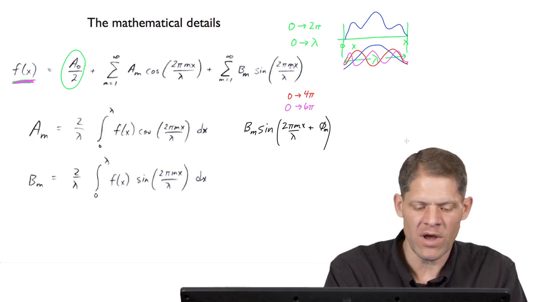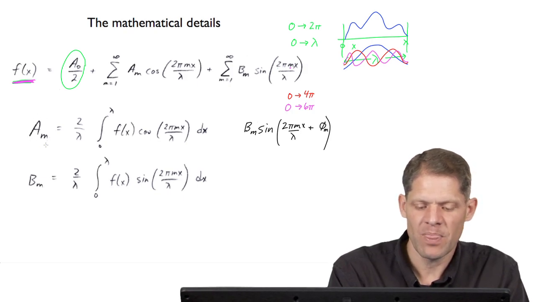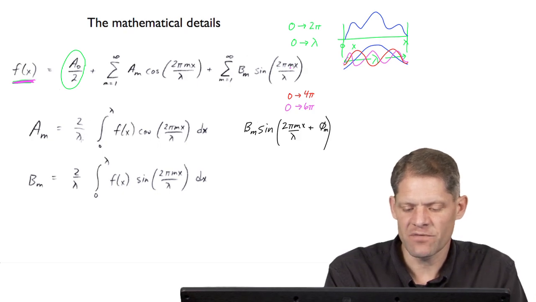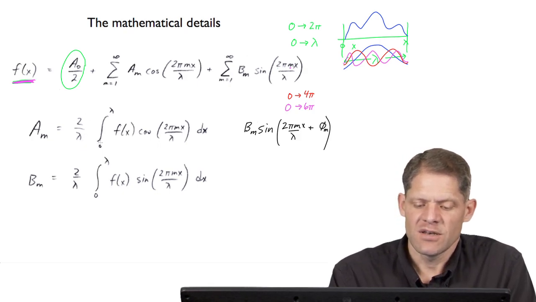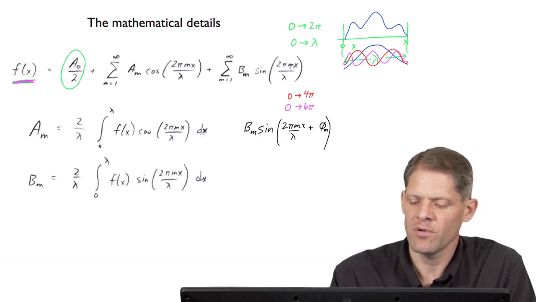And in this way of writing it, you can find the amplitudes in a pretty straightforward way. The amplitude of each cosine wave in the series is 2 divided by the wavelength, a normalization function, times the integral from 0 to a wavelength, and the variable that we're integrating over is x, dx.